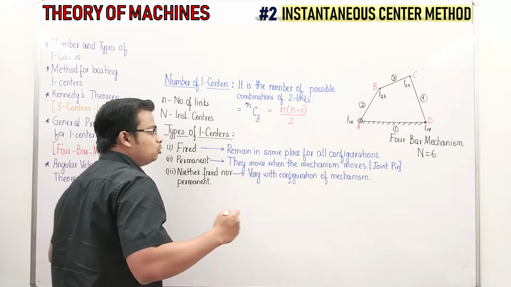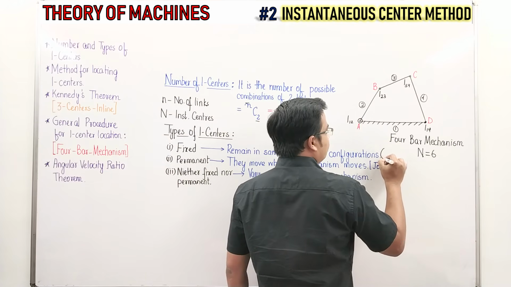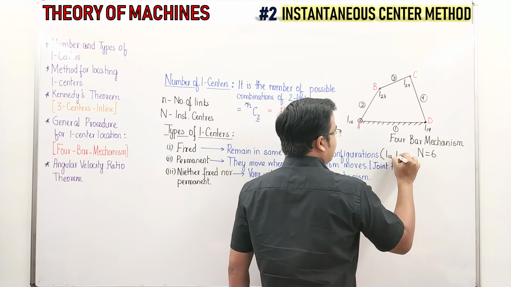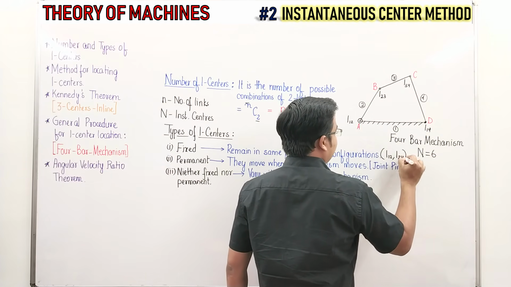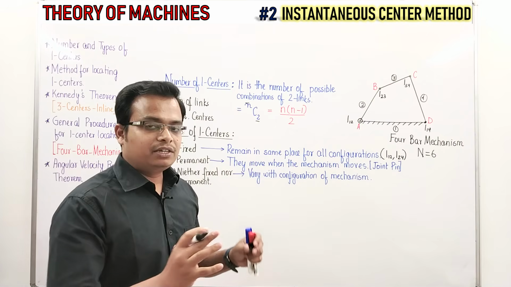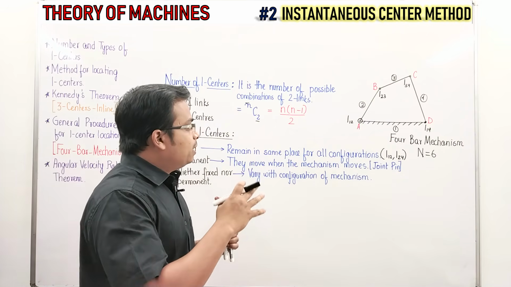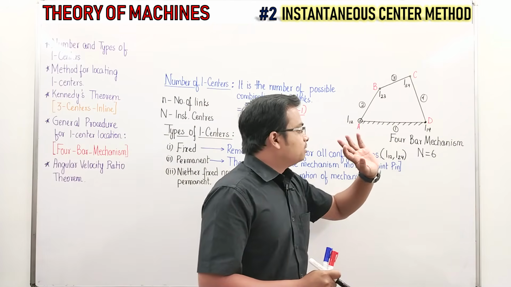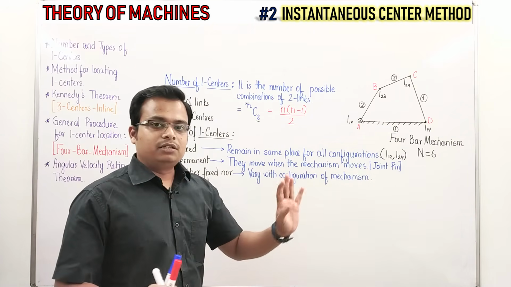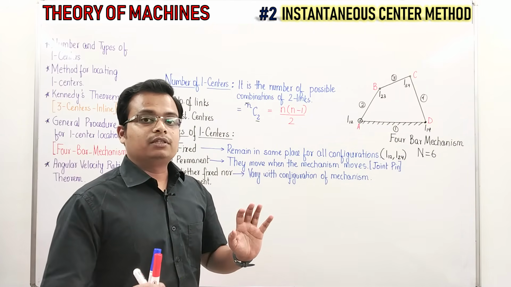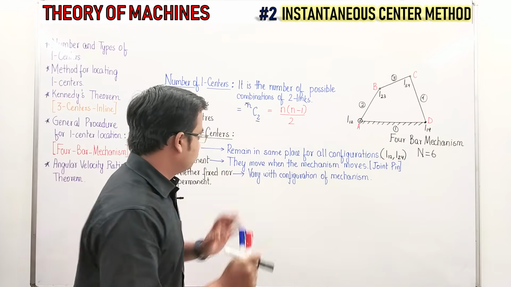Hence, these 2 instantaneous centers, I12 and I14, are fixed. No matter how the configuration changes, how the links move, it makes no difference to these 2 centers. That means they are fixed. They are not going to change their positions whatsoever the mechanism moves.